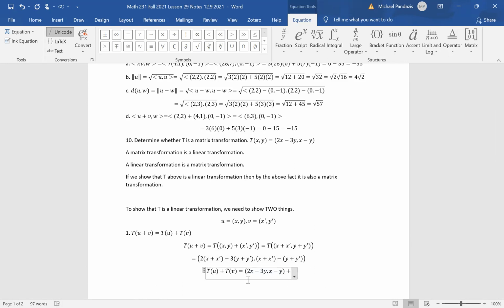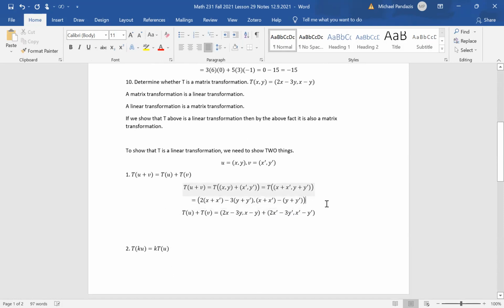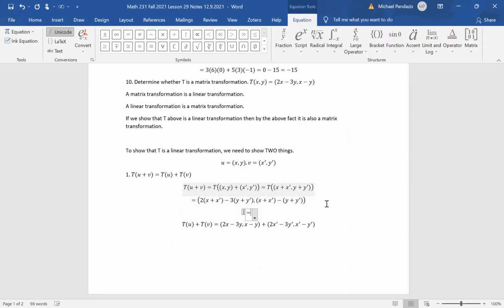So that matches with what's up there. This is plus T of v, where T of v is equal to 2 times the first component, which is x prime, minus 3 times the second component, which is y prime, comma, the first component minus the second component. So that's T of u plus T of v. And so maybe we can express T of u plus v in that way.